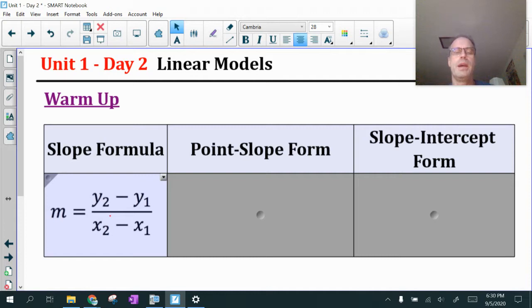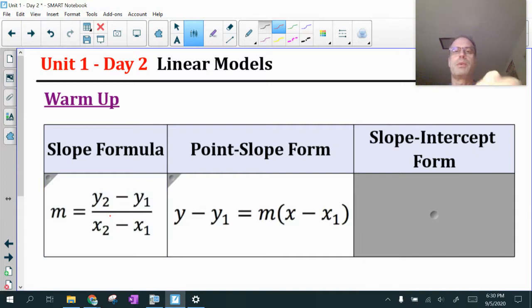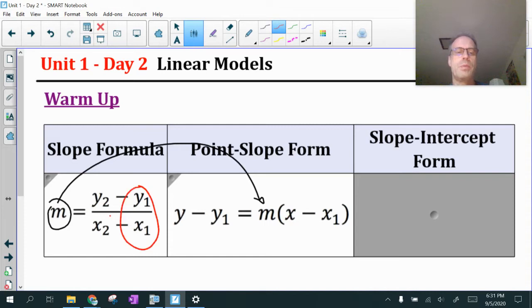And next, I'm trying to find the point slope form. Point slope form is just y minus y1 equals the slope times x minus x1. For those of you that may remember this from last year, all you're doing is taking the slope that you just found using the slope formula, and then taking one of the points, x1 and y1.